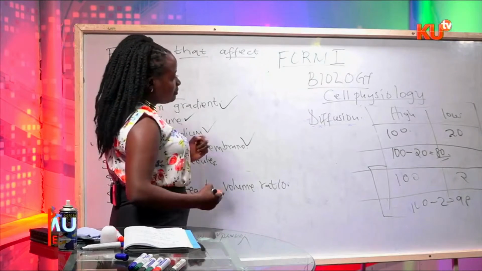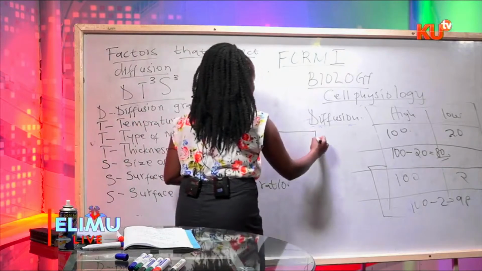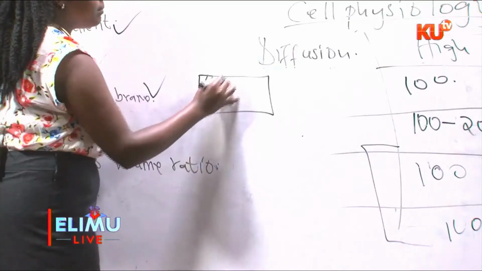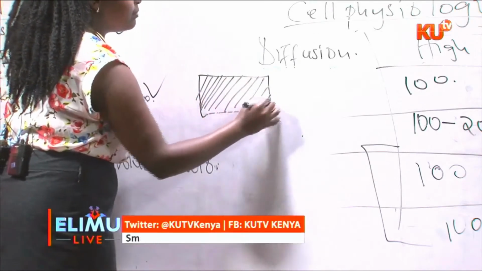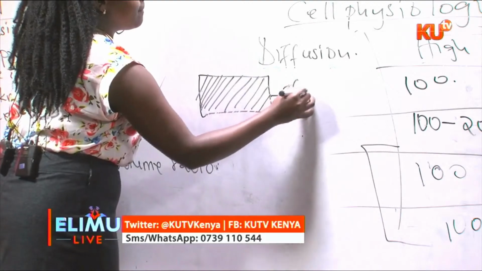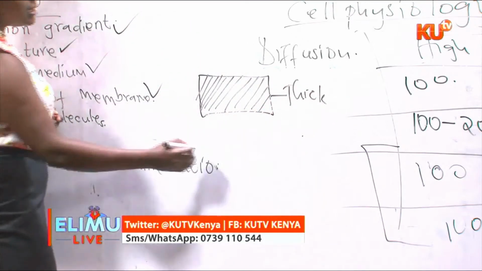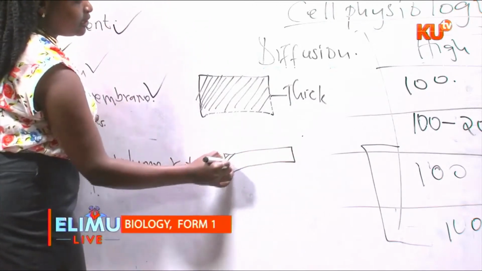The first one will be a thick membrane. Thick means that the space in between the both sides is great. Now this is a thick membrane. This is thick. And we have another membrane that is thin. Thin, like this. It is thin.